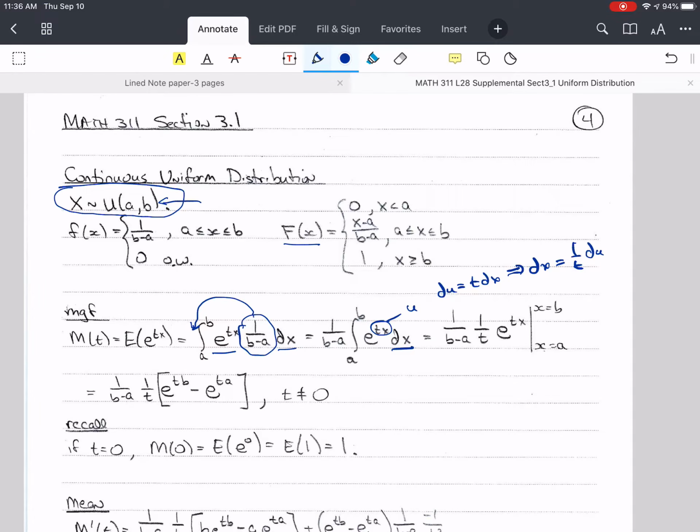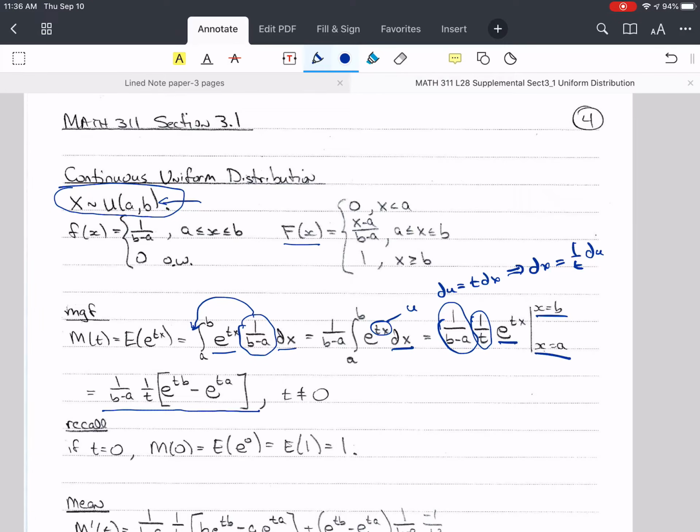And so we end up substituting back for u with tx. We end up with the 1 over t here, e to the tx, and of course the constant we had to begin with. And then we take limits x equals a to x equals b, and we end up with this expression, which is true when t is not equal to 0.